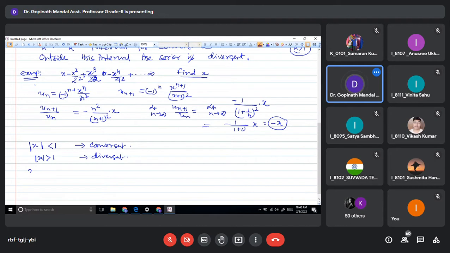And when mod value equal to 1, that means when x equal to 1 and x equal to minus 1, we consider these two cases.